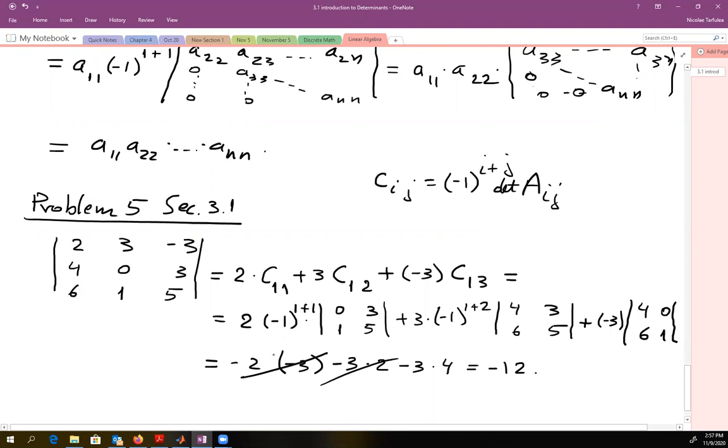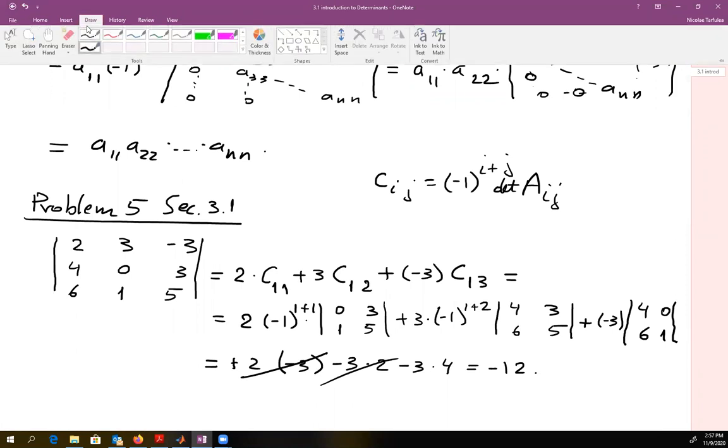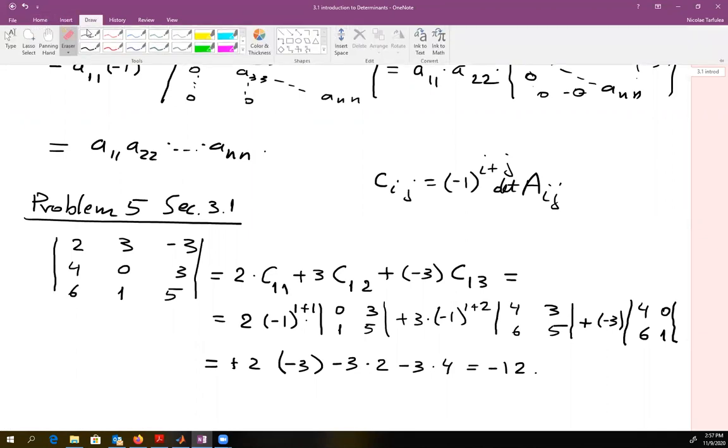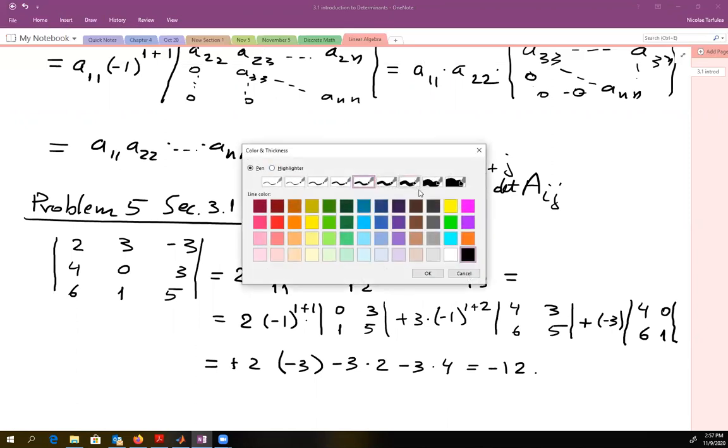I mean, this is the cofactor, and that means this is plus. It's not negative 1. I forgot this. It's 1 plus 1. So, in fact, these two don't cancel. Sorry about that. And we have negative 24, which is correct. Let me go there.